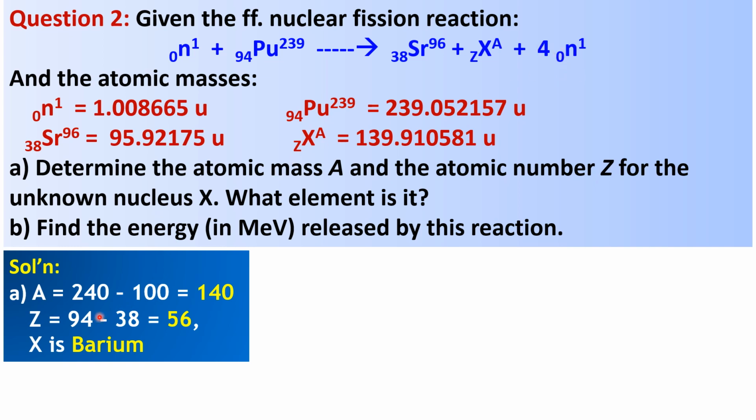So we subtract 94 minus 38 gives us 56. And 56 is the number of protons or atomic number of the element X. Upon checking the periodic table, this element with an atomic number 56 and a mass number 140 is in fact barium. That answers our question letter A.